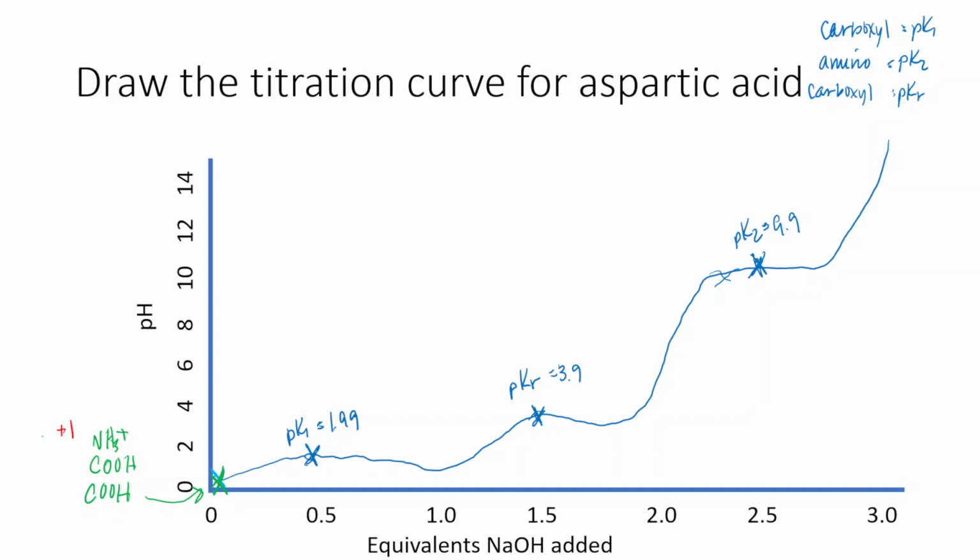All right, so what would we have at our first equivalence point? What would our amino group look like? Yeah, it's still protonated, it's still NH3+. So we passed our first pK, so that means which group has now become deprotonated?